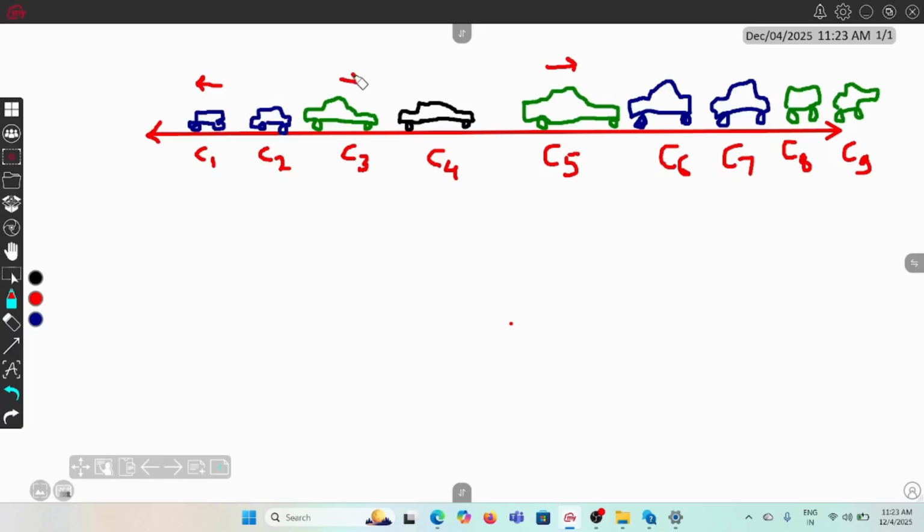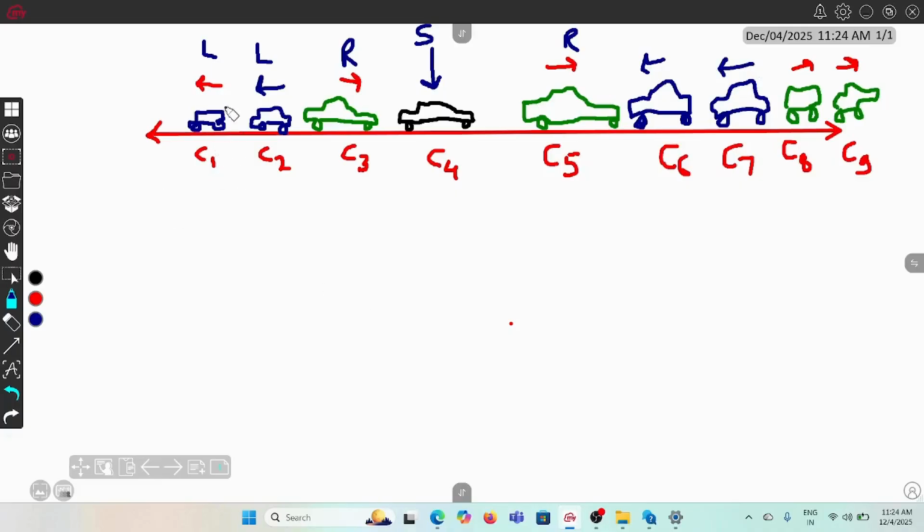The one in black, you can consider as the staying one, which would denote S. So the blue cars would be L, L, and the green cars going to the right side would be R, R, R. Now we will calculate what the collision count would be here.